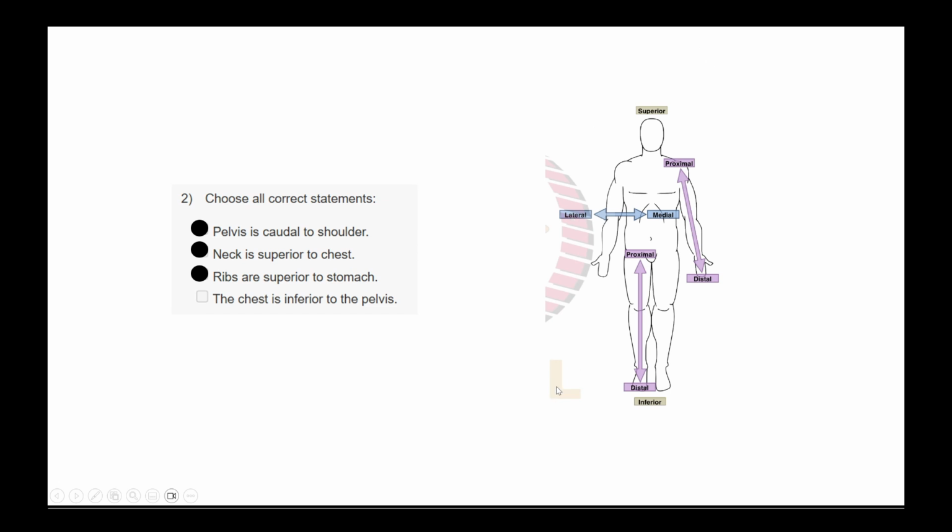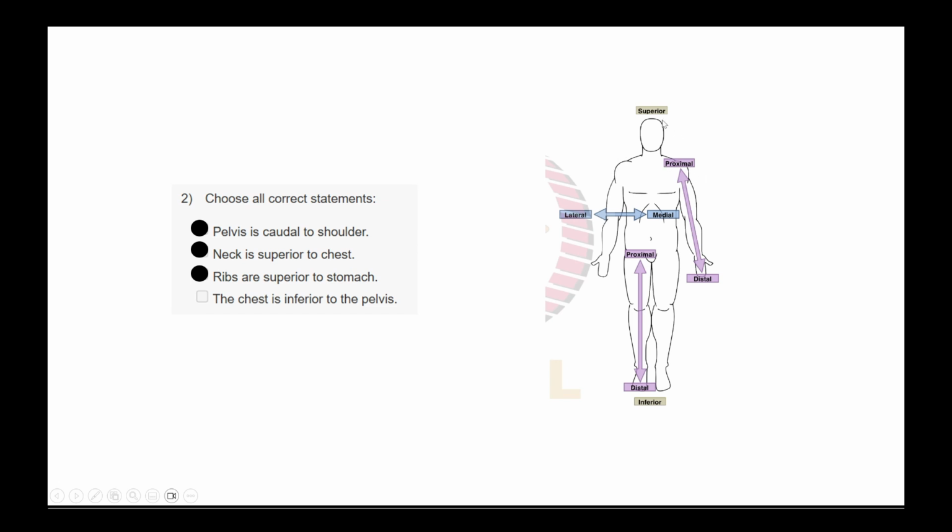This is the diagram that you should remember. The pelvis is caudal to the shoulder. Pelvis is to the caudal side, it's near the tailbone side, and the shoulder is here.